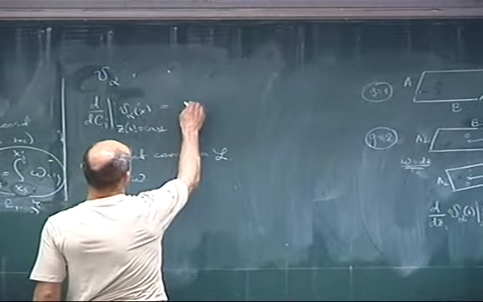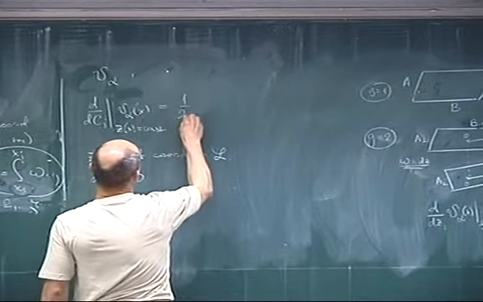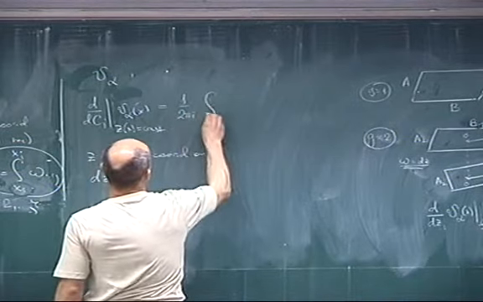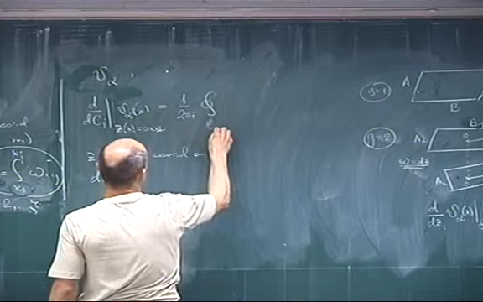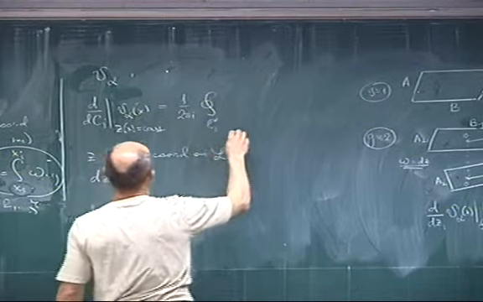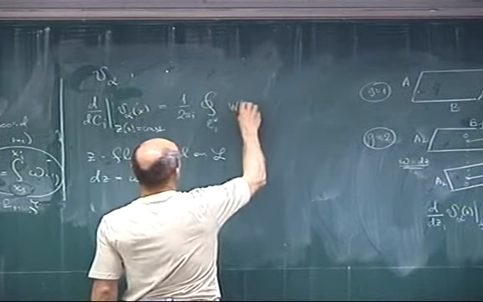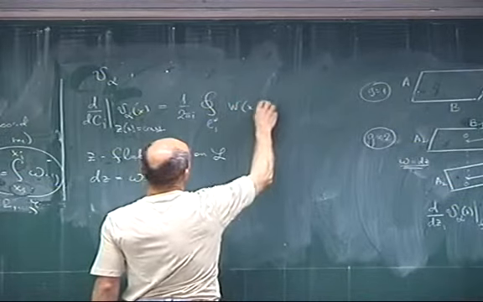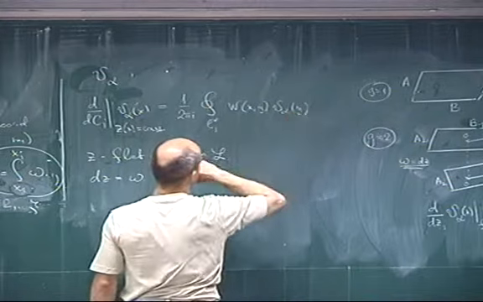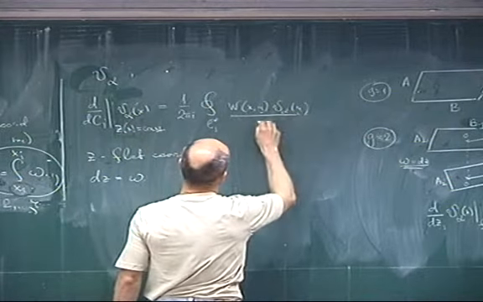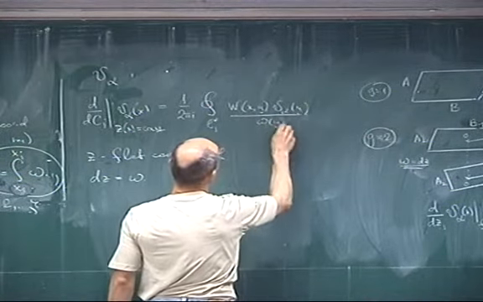I can write it like that: 1 over 2 pi i, integral over the contour Lj star of w of x, w of y, d alpha of y.